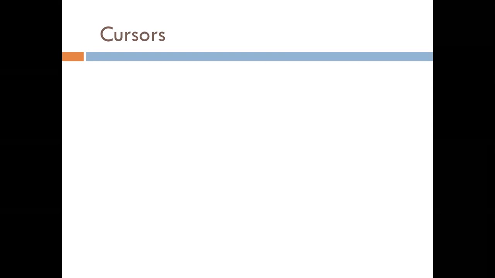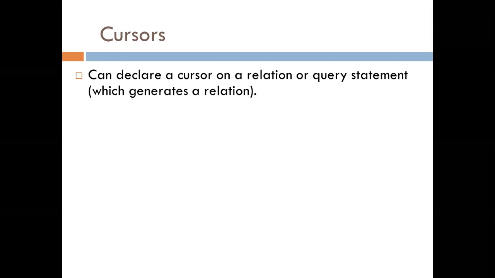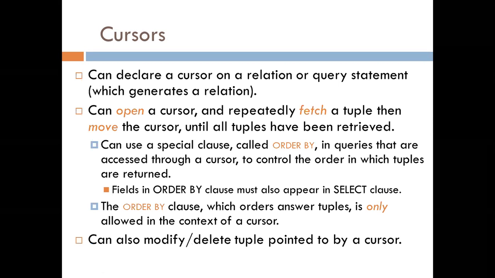Next is the cursors. The problem of embedding SQL statements in a host language is the impedance mismatch which we studied, right? Because the result returned by the SQL is a set and we don't know how many values will be there.